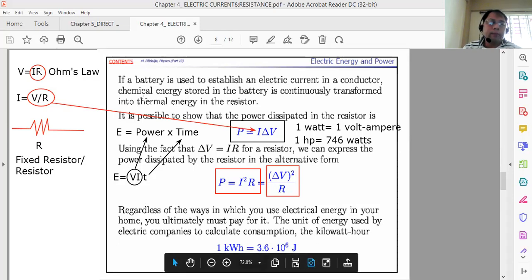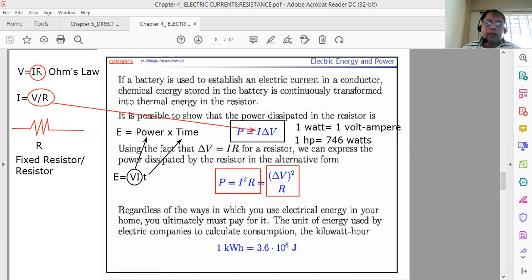Now, from our electrical energy expression, which is power times time, we can also write that value of power in terms of a kilowatt value. So from our expression of energy, or work, we have a unit here, joule, as our unit of energy.